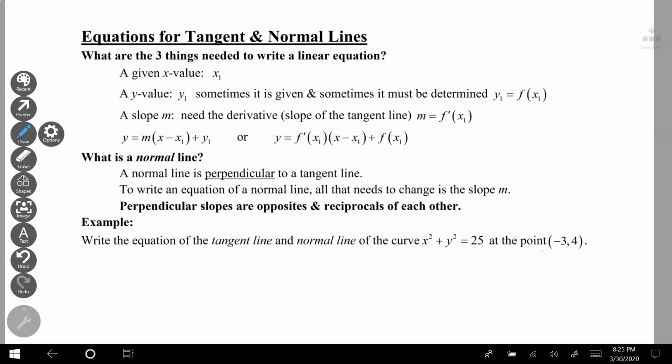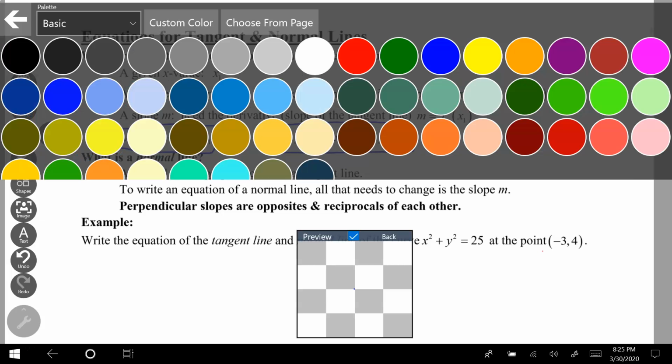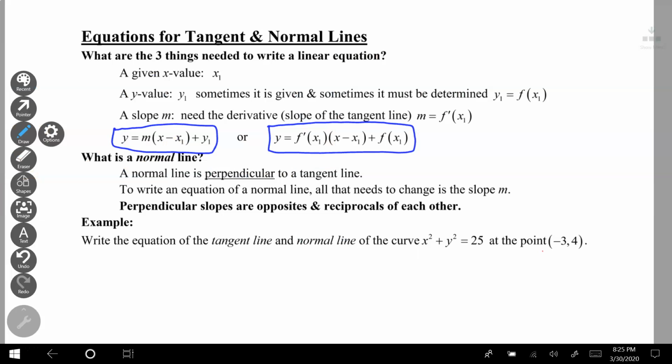Okay, our last page of notes is writing equations for tangent and normal lines. We're basing it off of this equation. I need an x value, I need a y value, I need a slope. And we talked about how slope can be found by taking the derivative. That was when you just had an x value. Sometimes we have an x and a y value, and we have an implicit function.